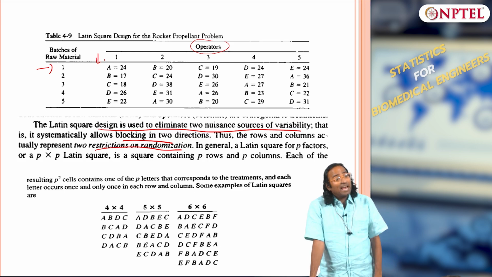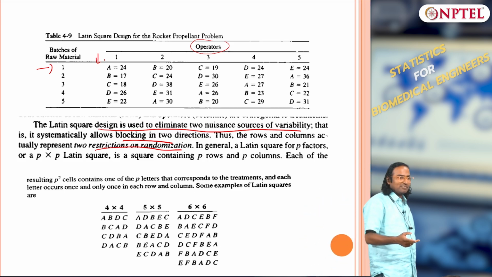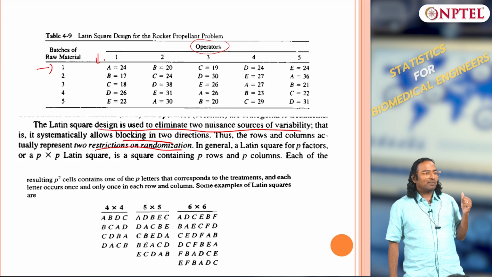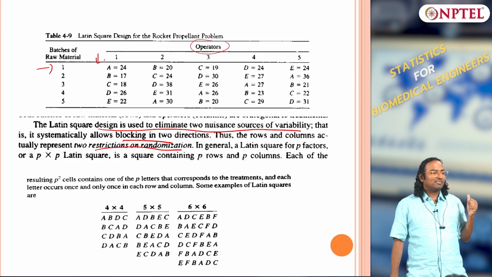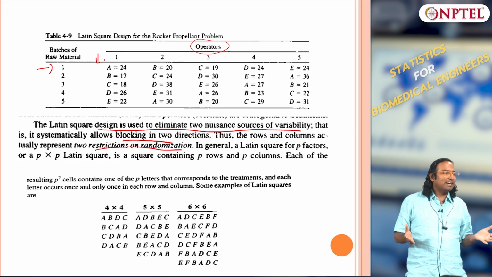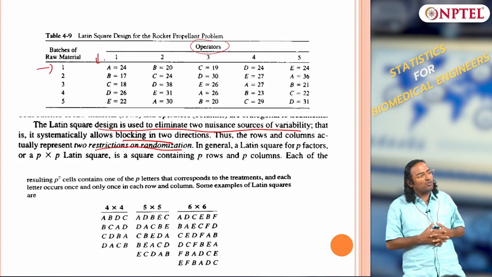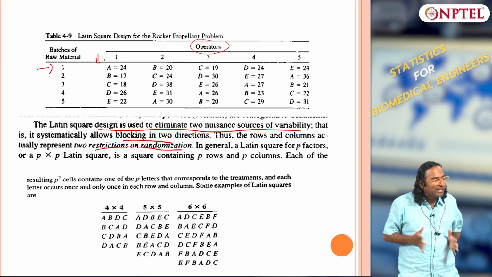They are blocks for me, new blocks, and treatment is what I am interested in. So still my null hypothesis will be on tau, only on 1 treatment.